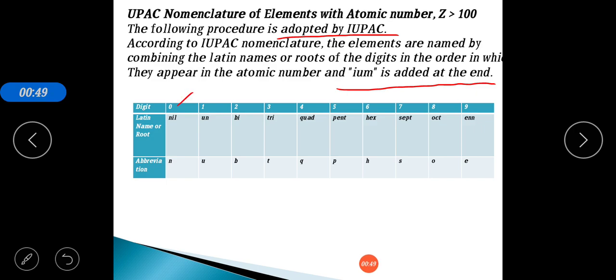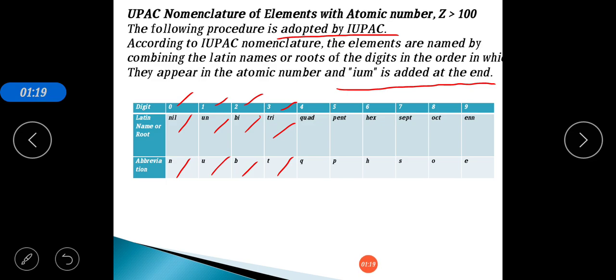If the digit is 0, the Latin name is nil, abbreviation N. For digit 1 it is un, abbreviation U. For 2 it is bi, B is the abbreviation. For digit 3, the Latin name is tri, and T is the abbreviation.